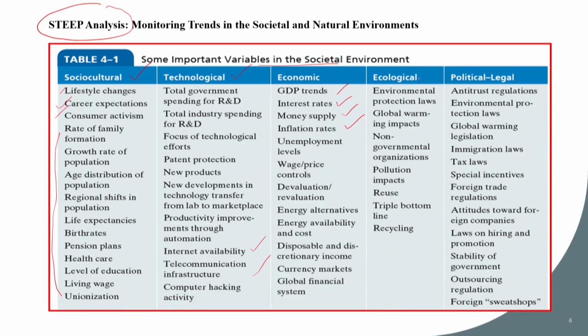Then we have ecological aspects, that is the environmental protection laws and climate change and global warming. All these aspects are covered in the ecological dimensions. And then the political and legal trends, this is also part of the environment. You can see the antitrust regulation, environmental rules, and the recent global tariffs and the trade agreements between countries. All these are part of the STEEP analysis.